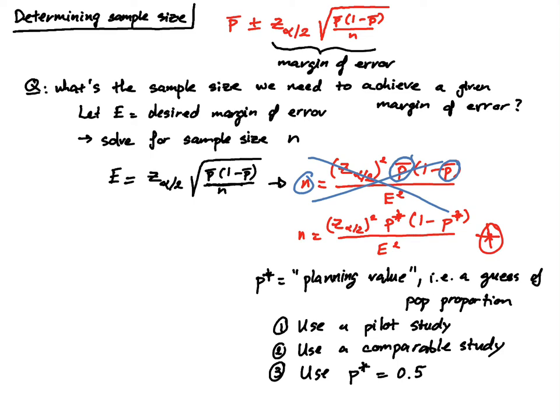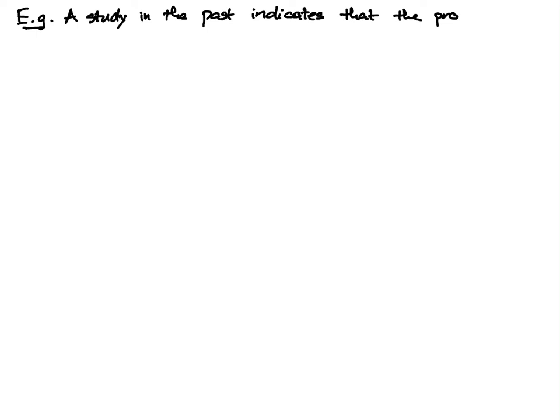So let's go ahead and do a quick example. Suppose that a study in the past indicates that the proportion of West Georgia students who own a dog is 0.75.